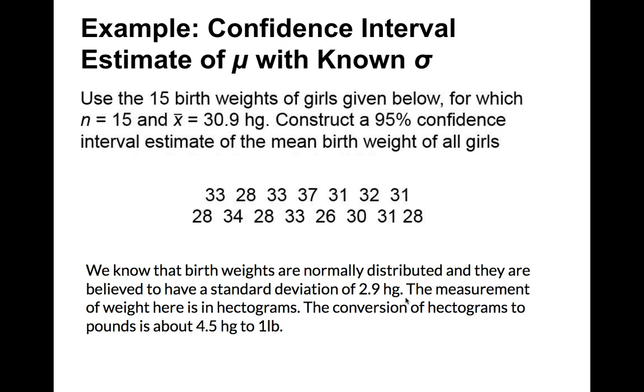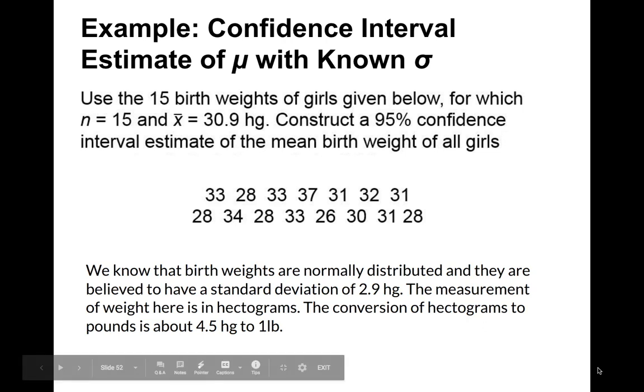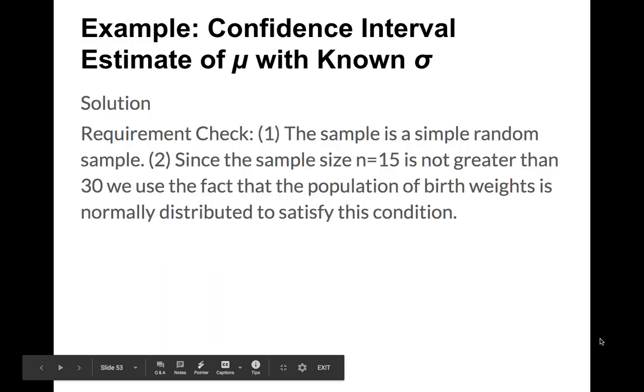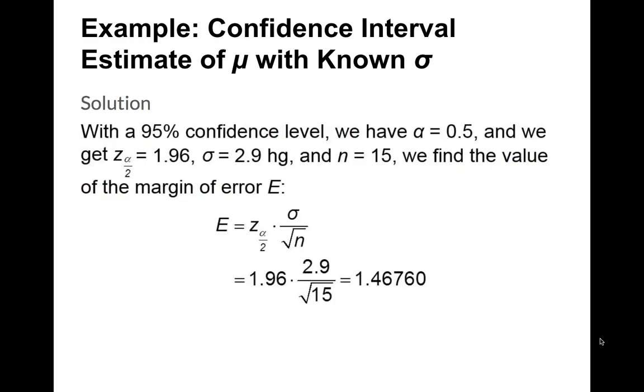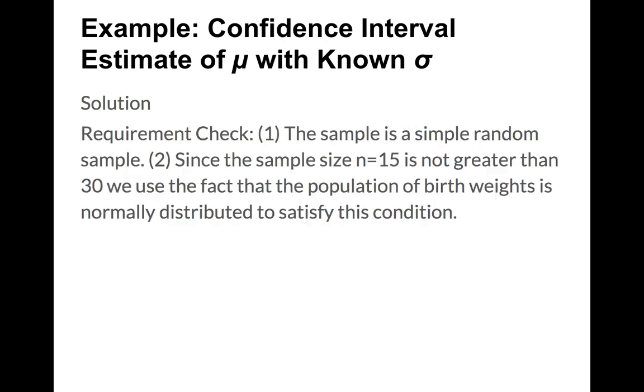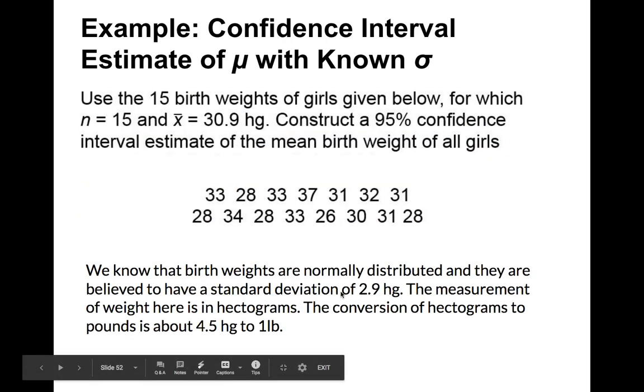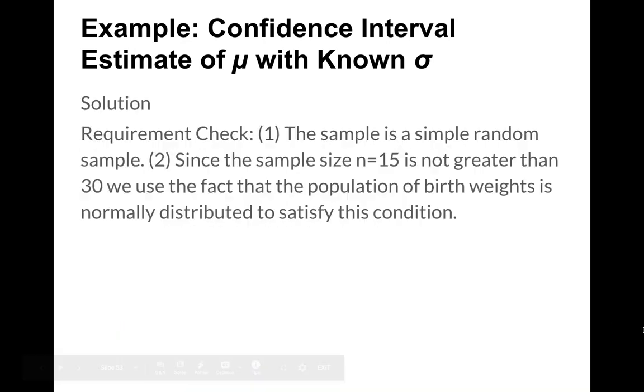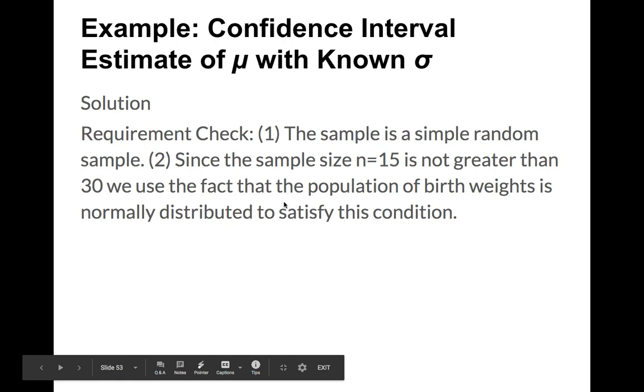That tells me that we are good to go. The standard deviation is the population one, not the sample one. It happens to be the sample mean, but it's also the population mean and population standard deviation in this case. So condition 2 is checked.